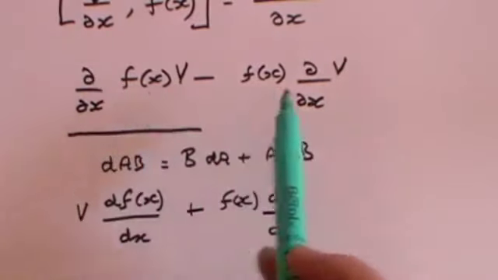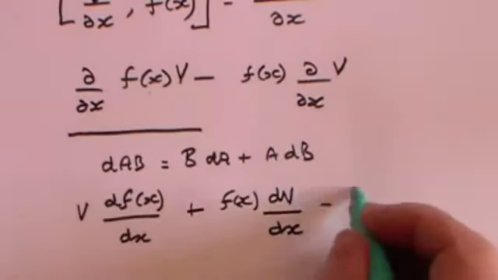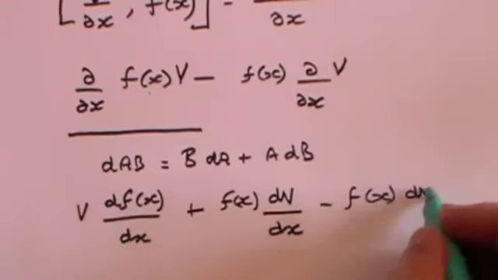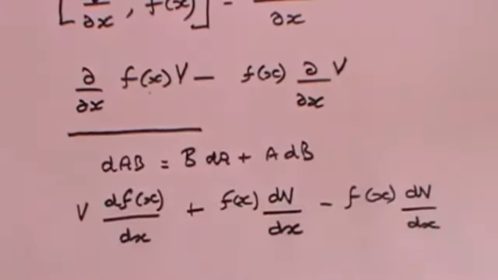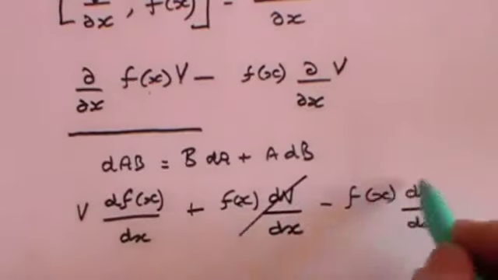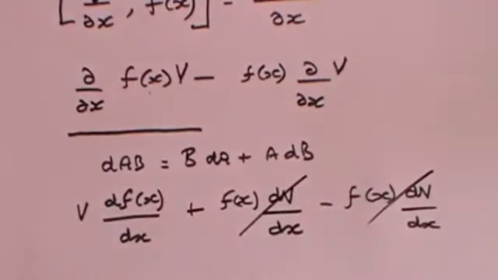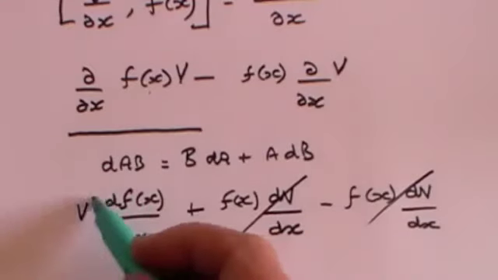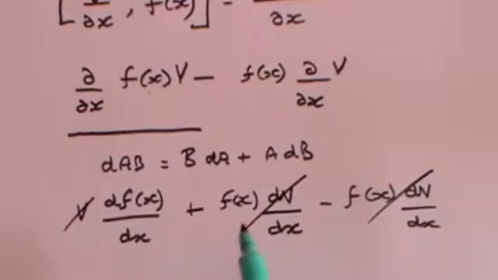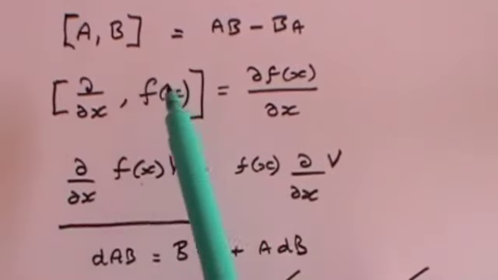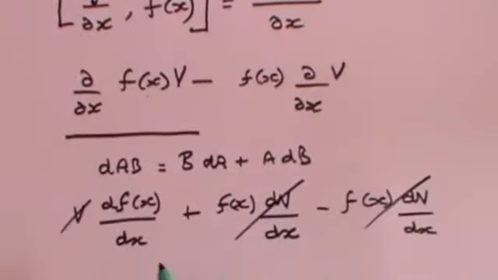And that's that term, and we must remember that term there, which is minus f(x) dv/dx. And you'll see that that term and that term are equal, so one minus the other is 0, and you're left with v times df(x)/dx. Well, v is something we simply inserted, so we can now take that out, and now you've got that the commutator is equal to df(x)/dx, which is what we wanted to show in the first place.